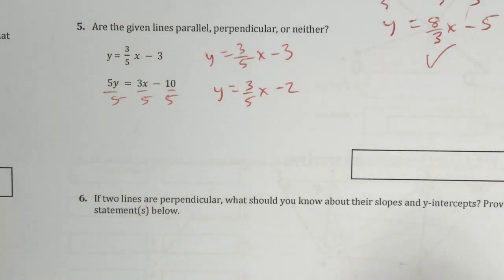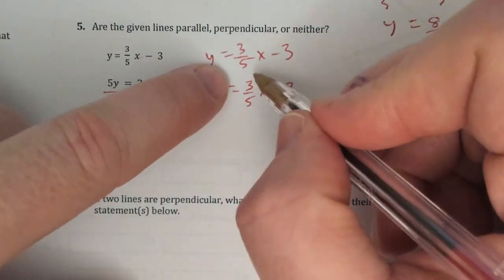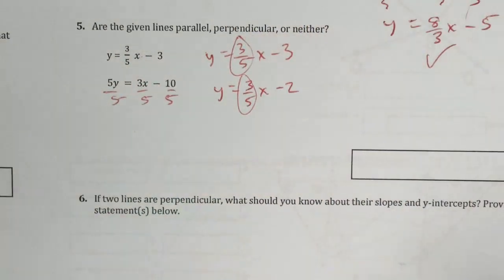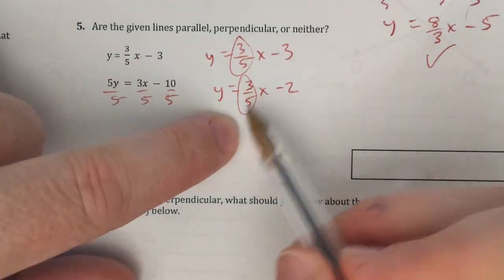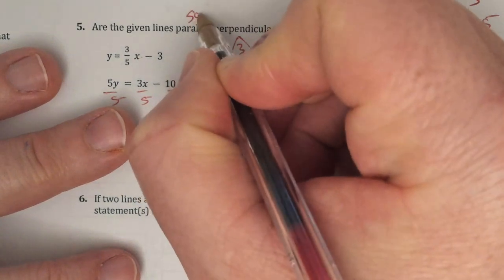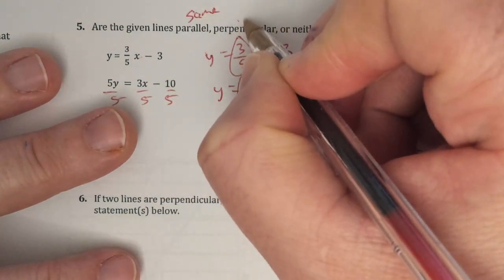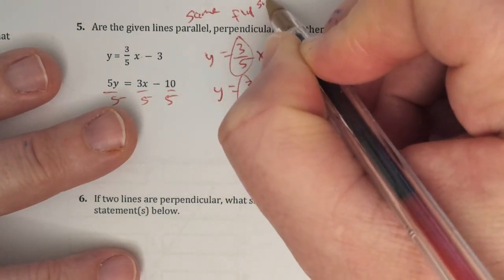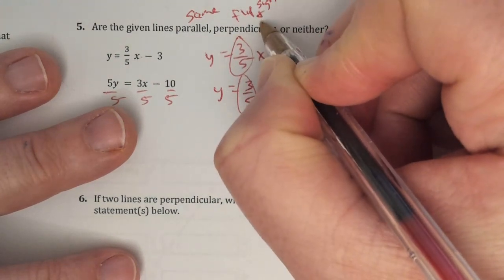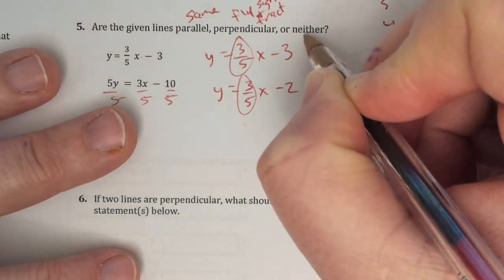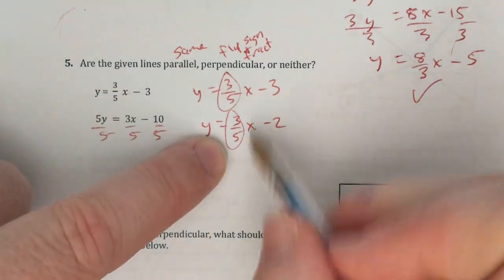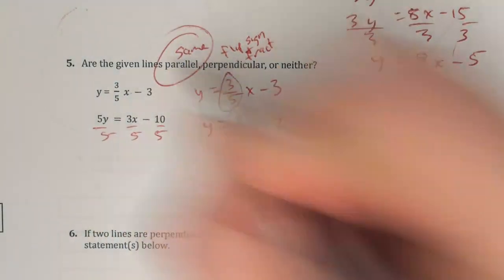Now, how do we know if it's parallel, perpendicular, or neither? Okay, so we look at the slopes. Are they the same? Or did they flip the sign and the fraction? Because it had to do both of them. Or did it do neither of those? So we have the exact same slope, so that would be parallel.